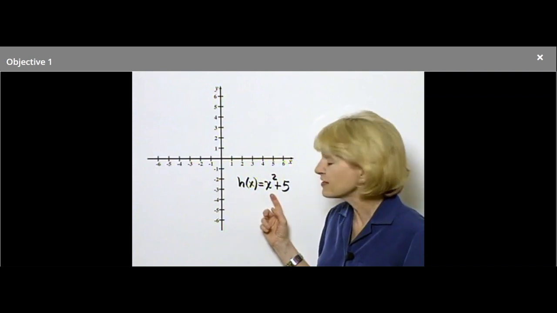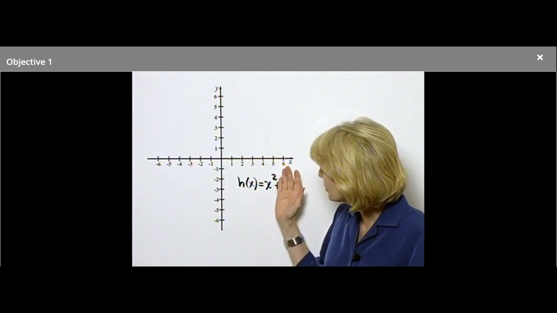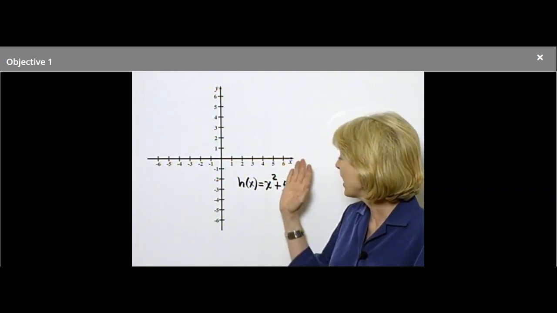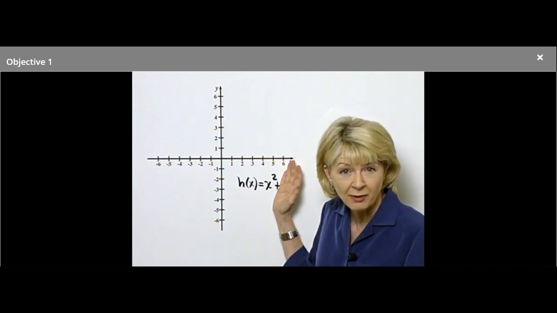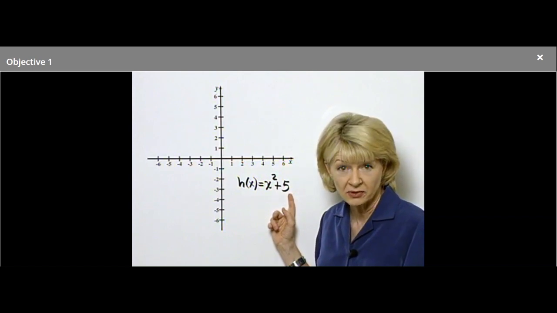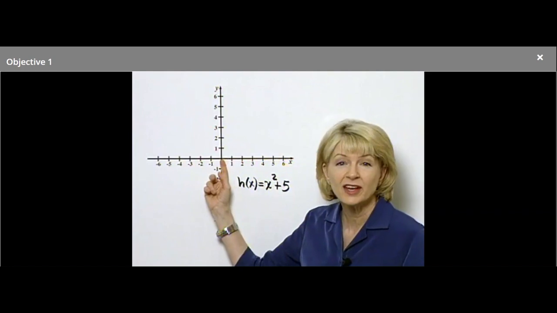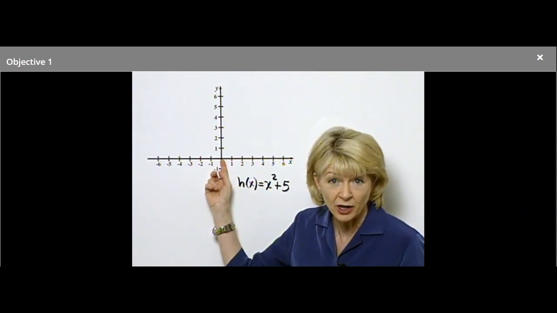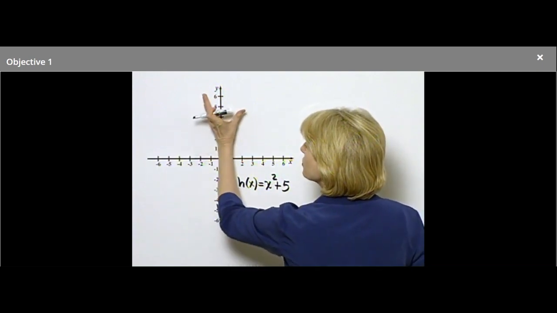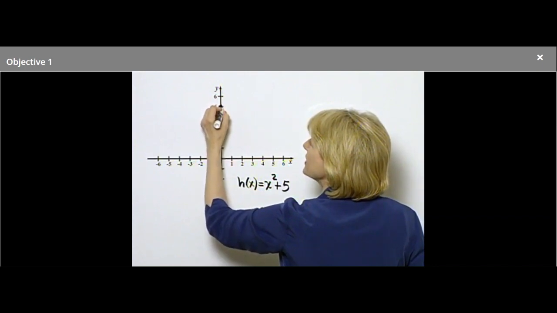Notice I have this function h of x equals x squared plus 5. So the general shape, because it's x squared plus some constant, is a parabola, but it is moved upward 5 units. So since it's moved upward 5 units, instead of the vertex being at 0, 0, if I move that parabola upward 5 units, 1, 2, 3, 4, 5, the vertex is now right here.